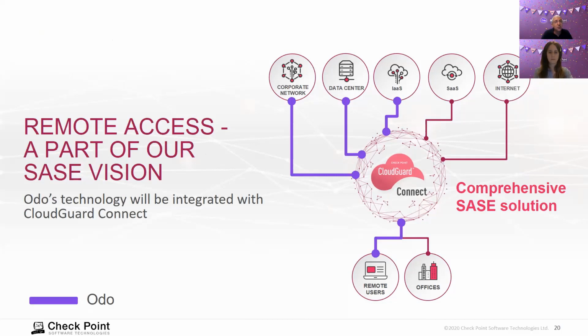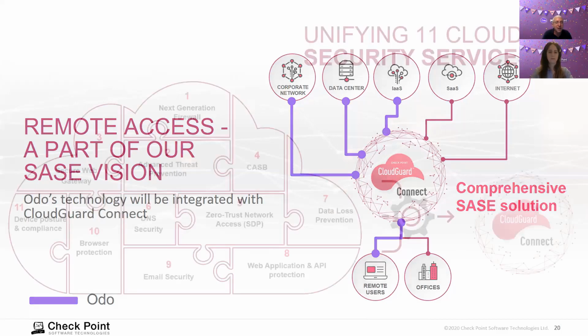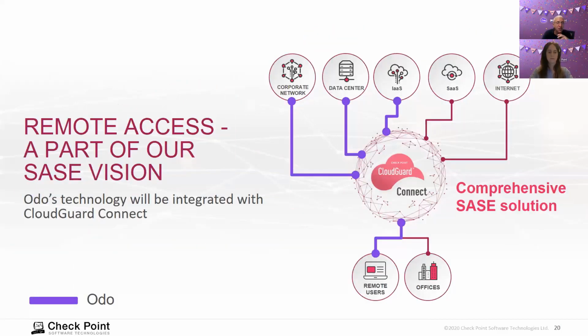And Odo brings all of this access with their zero trust technology and all the capabilities Noah showed earlier, but actually we're going to do more on the remote access. This is a remote access scenario. We're going to do more than just Odo over there. We're adding also a VPN client, and I'll talk about that soon. So there'll be the clientless access, which we'll do with the technology that we've acquired through Odo.